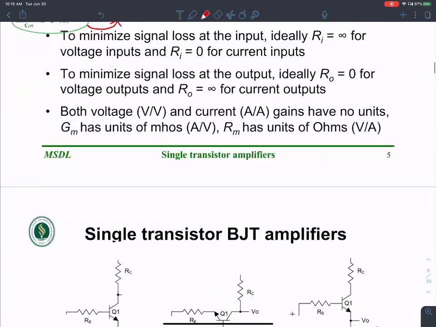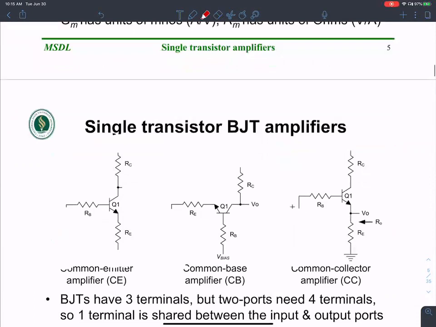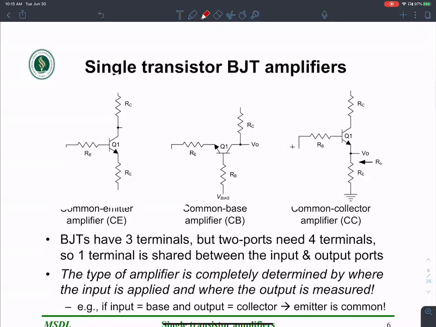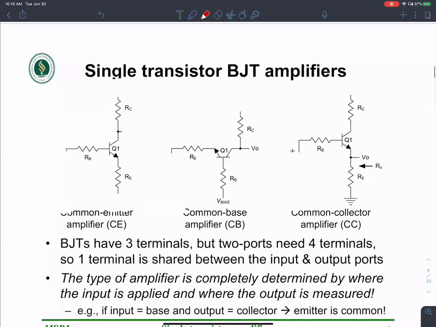Then we looked at single transistor bipolar junction transistor amplifiers. The idea I mentioned was, as long as I do not show any of the inputs here, remember I tactfully erased all the inputs, all of these look exactly the same.